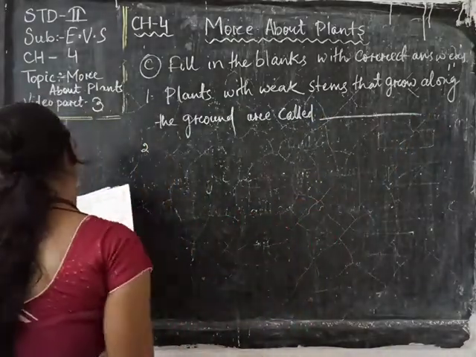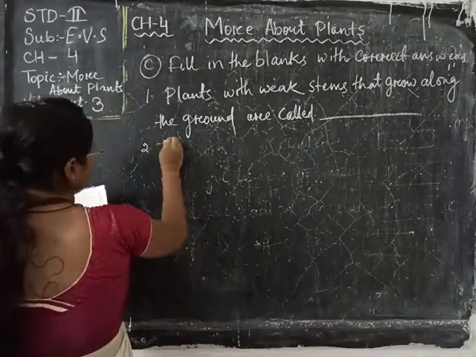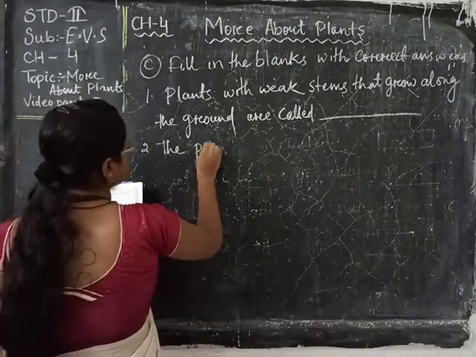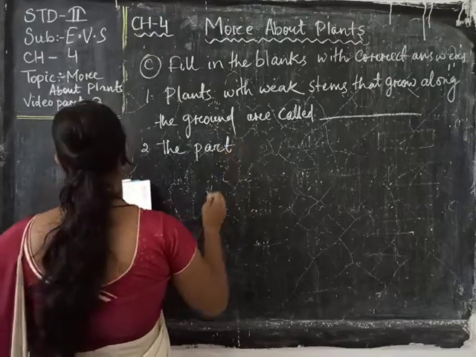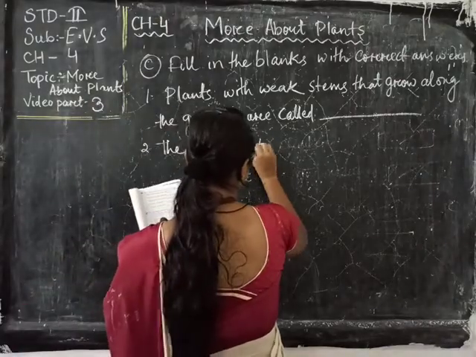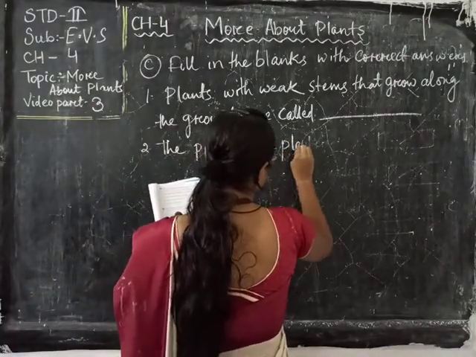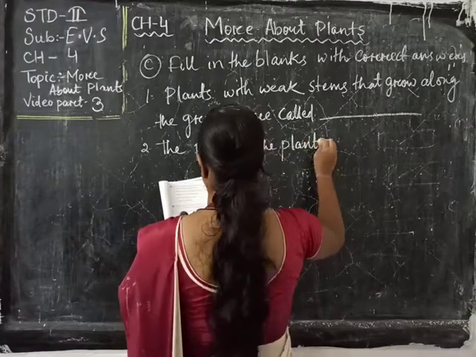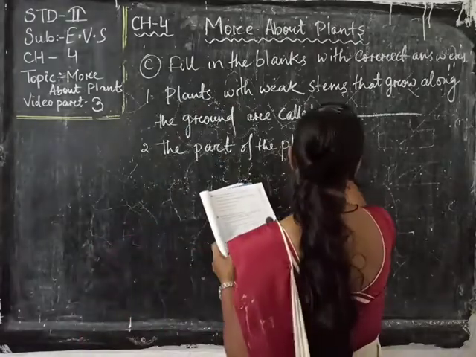Number 2 is here. The part of the plant, you just think about the answers. I will ask you one by one. Part of the plants which makes food.